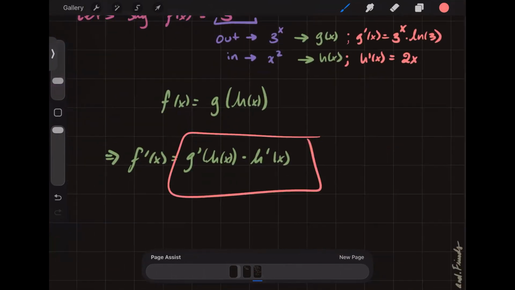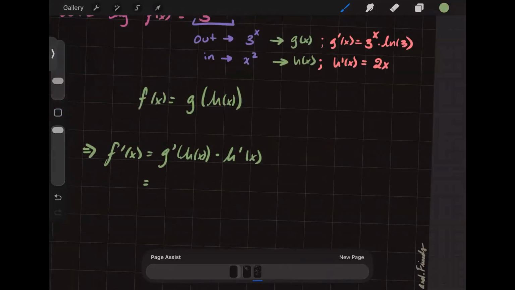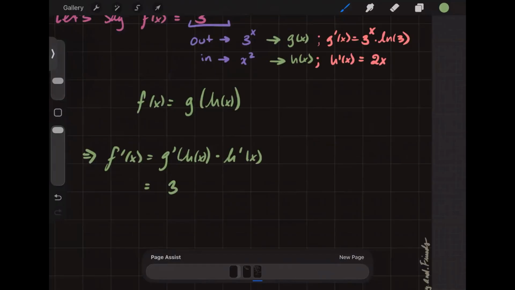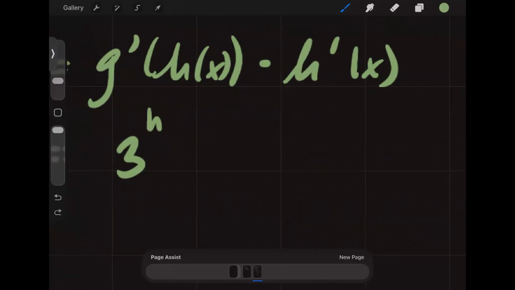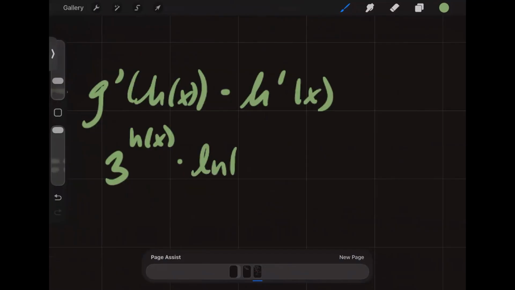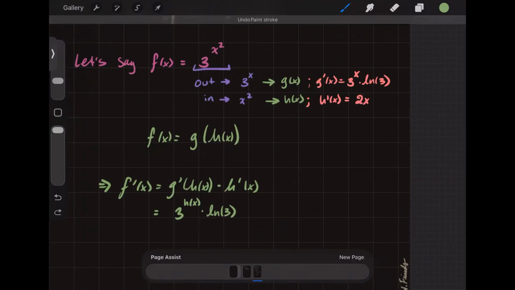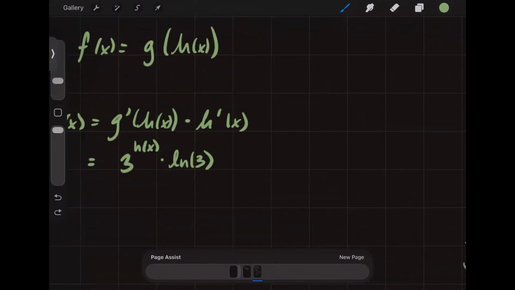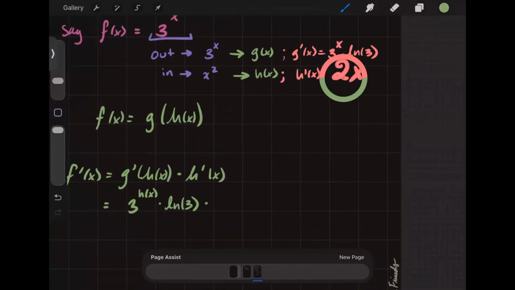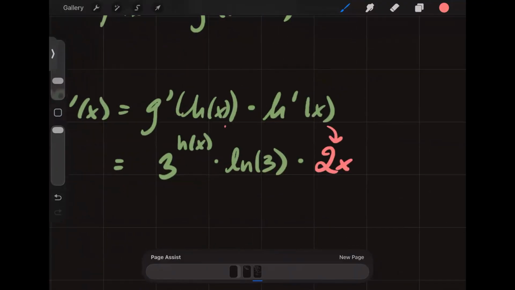And that means you can put it all together and say this is equal to 3 to the h of x, right? Times ln of 3, right? Because you're substituting h of x into x, right? And then you're going to multiply it by h prime, and h prime is going to be 2x, right?